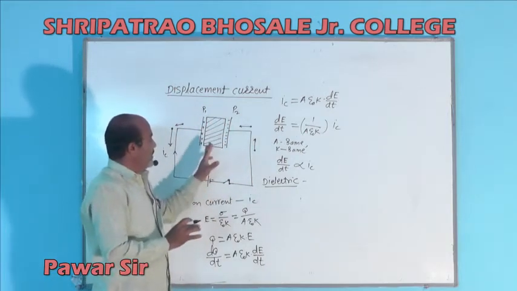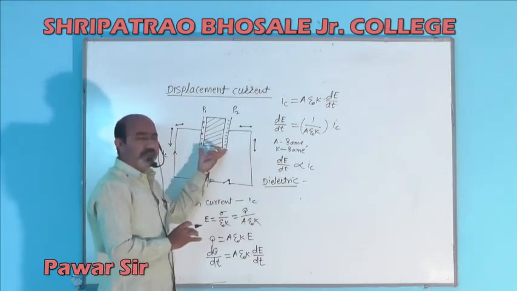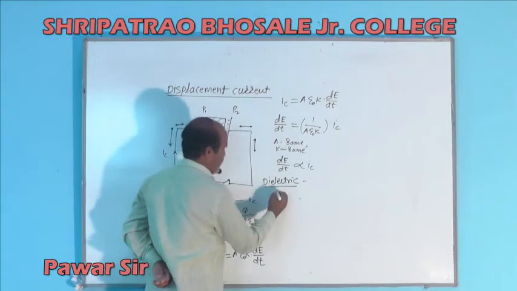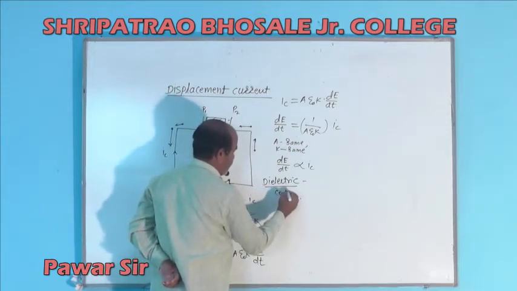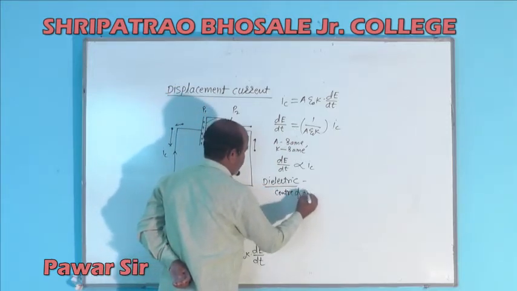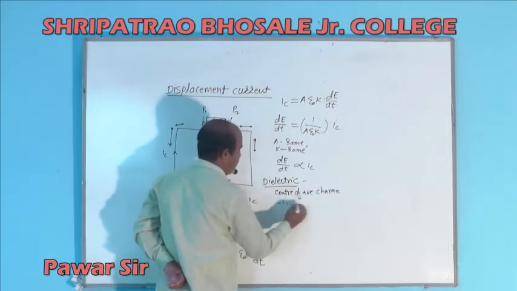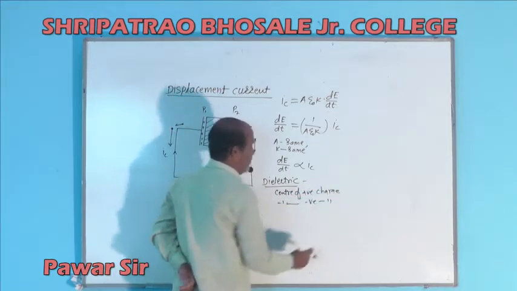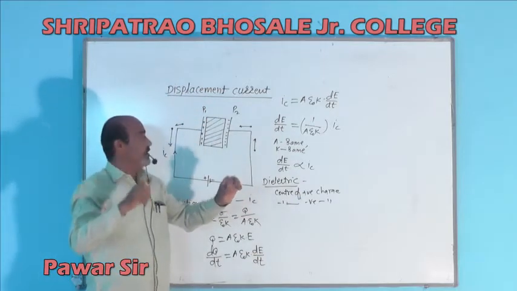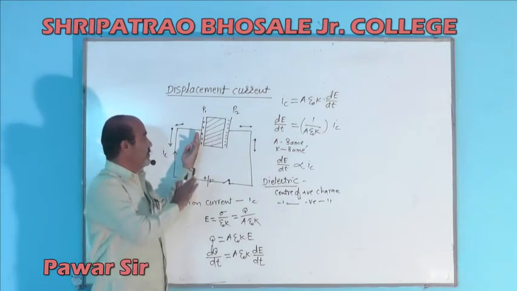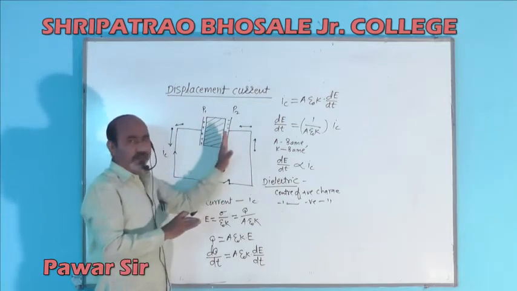But as electric field between plates increases, the center of positive charge and center of negative charge are stretched. Center of negative charge is stretched towards positive plate, center of positive charge stretched towards negative plate.